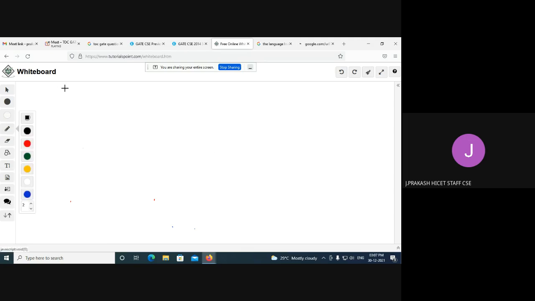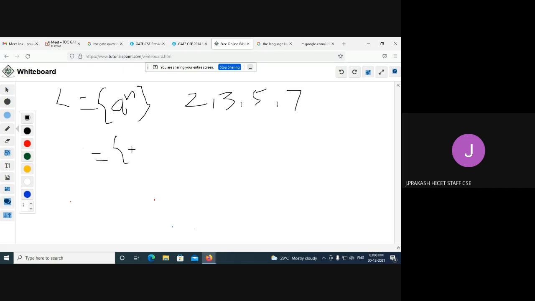What is a prime number? 1 is not a prime number. So let us take 2, 3, 5, 7. Substitute for n. What will be the answer?